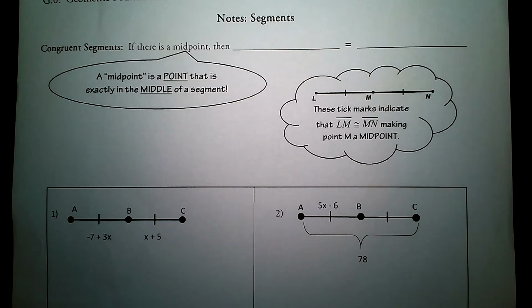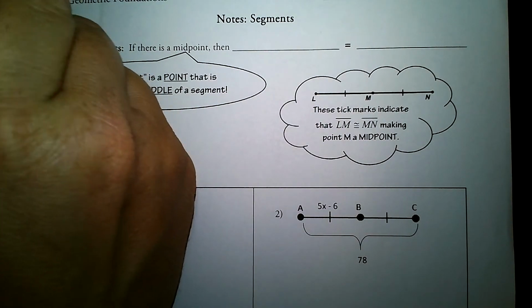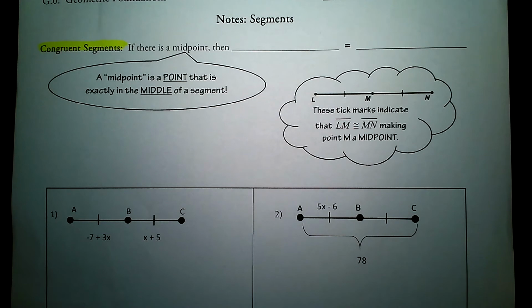Okay, on this side, we're really focusing in on the concept of congruent segments. We have talked about congruent angles a lot, but now we're going to focus in on congruent segments. Congruent segments are segments of the same length.